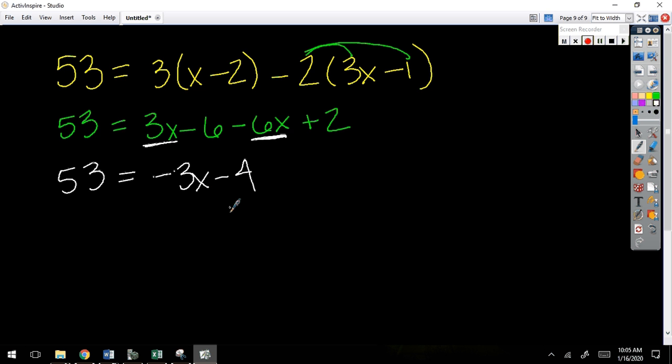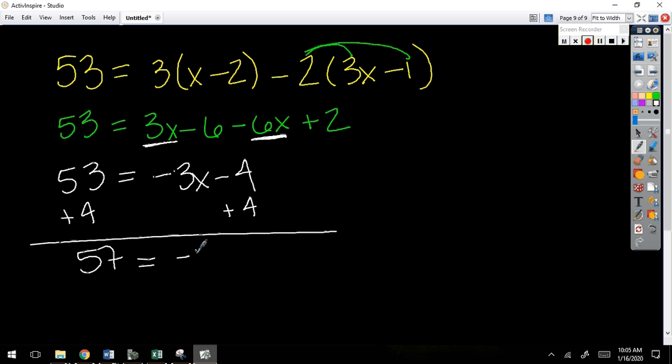Add 4. Now what? So x is negative 19. How might I check that? Plug it in, okay?